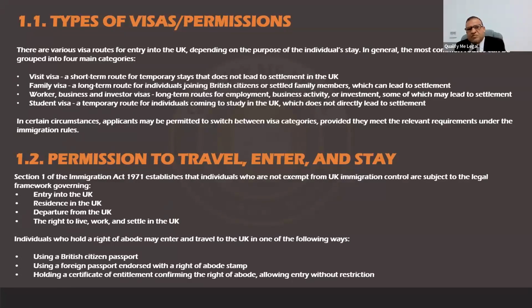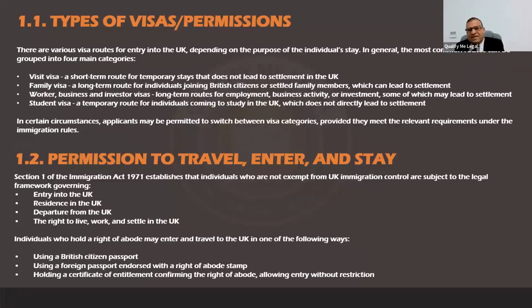Now, let's move forward to the next topic, which is called permission to travel, enter, and stay. We have already discussed a bit about Section 1 of the Immigration Act 1971. Basically, this section discusses the individuals who are not exempt from UK immigration control.